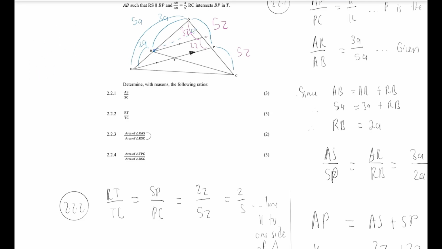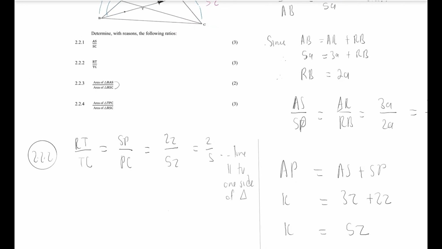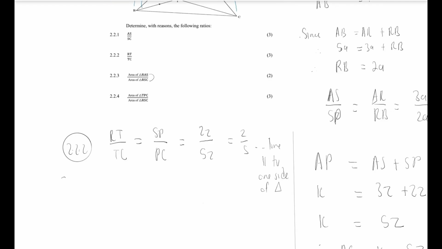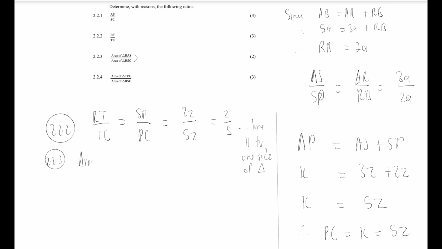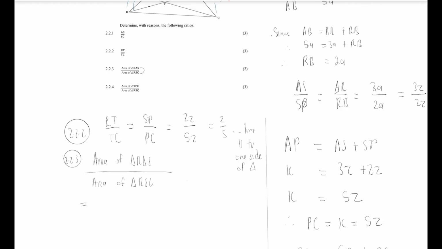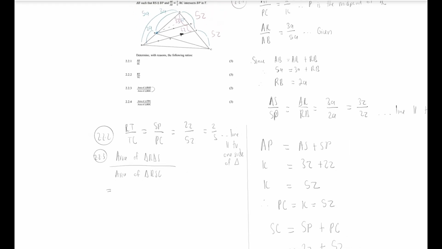So what I'm going to do then is say 2.2.3, the area of triangle RAS over area of triangle RSC is going to be equals to, we start with triangle RAS, which is going to be half base.